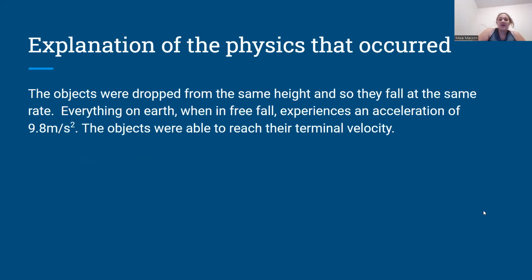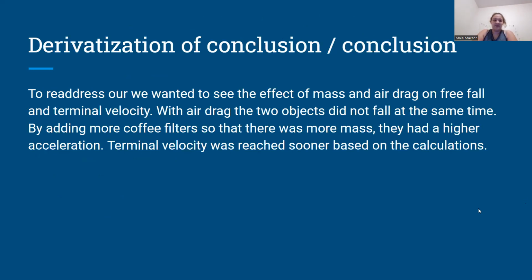When dropped from the same height, objects in free fall should fall at the same rate, experiencing an acceleration of 9.8, and both of our objects were able to reach their terminal velocity. But as we saw, the two objects did not fall at the same rate, as the pumpkin fell faster than the coffee filters.